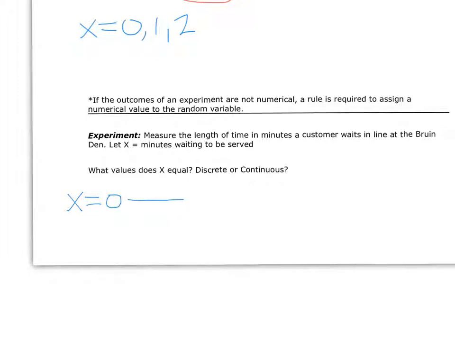So we'll just say the time until Bruin Den closes. Okay, and because the value of x can be any number in that range of values, this would be a continuous random variable.